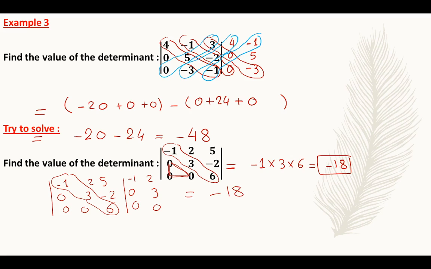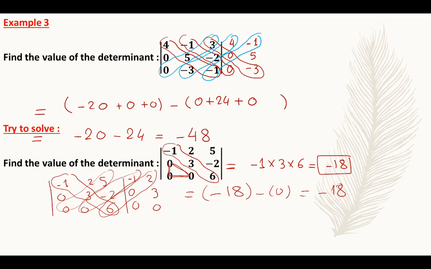And the second diagonal will be 2 times negative 2 times 0 equals 0, 5 times 0 times 0 equals 0. Okay, let's go to the other diagonals. 2 times 0 times 6 equals 0, negative 1 times negative 2 times 0, which also equals 0, 5 times 3 times 0 equals 0, so it will be negative 18 minus 0, and this is equal to negative 18.